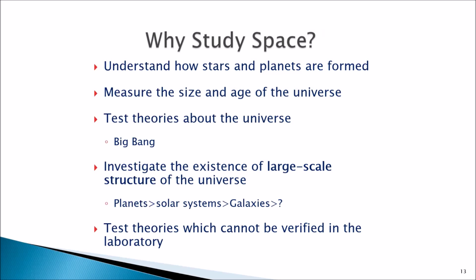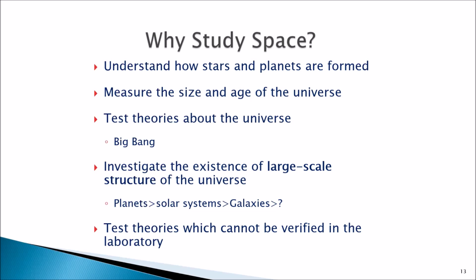So what do I mean by that? Well, planets make up solar systems. Solar systems make up galaxies. Do galaxies make up something else? Well, the answer turns out to be yes. They make up what we call clusters. And is there another step beyond that? They're still looking at that.